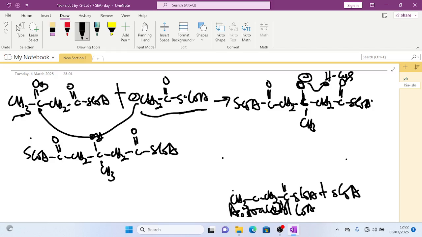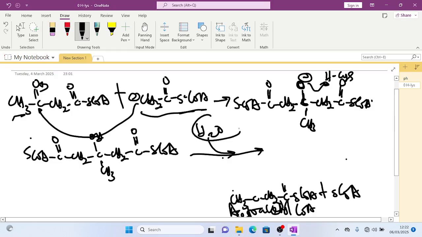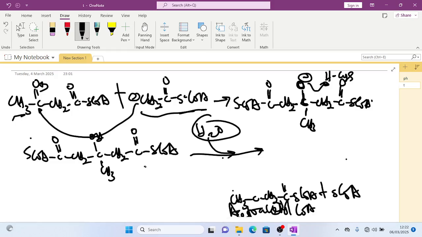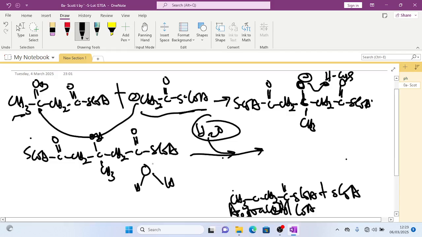Now this compound will then be acted upon by water. And how does water act on this compound? This is water. It has two lone pairs, so it's richly nucleophilic.